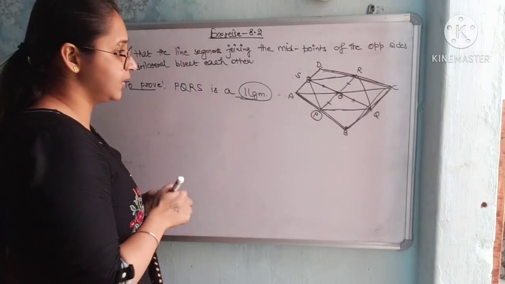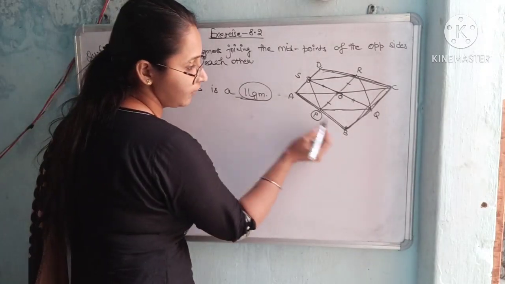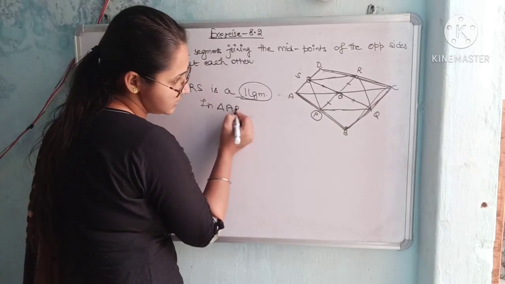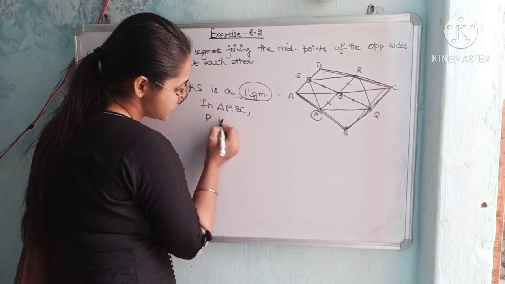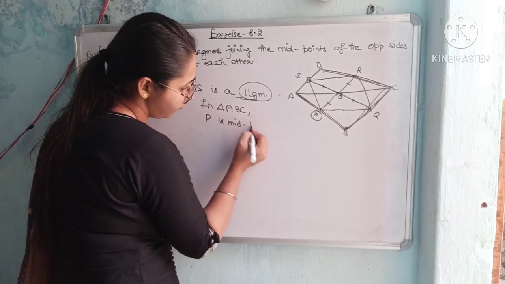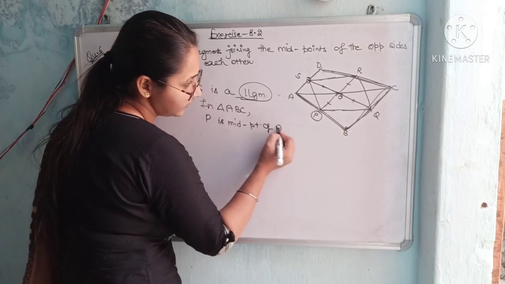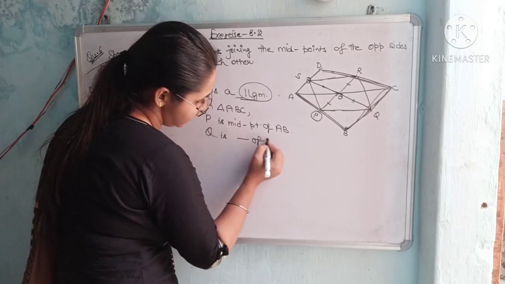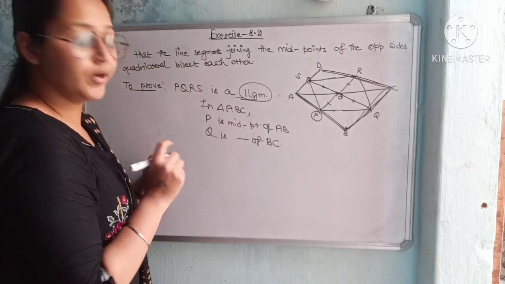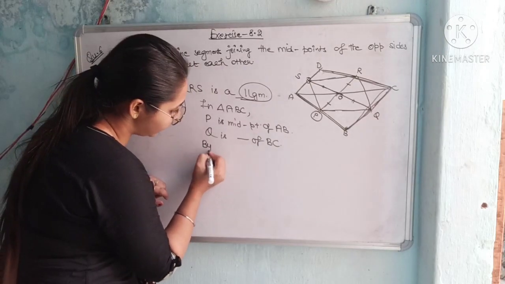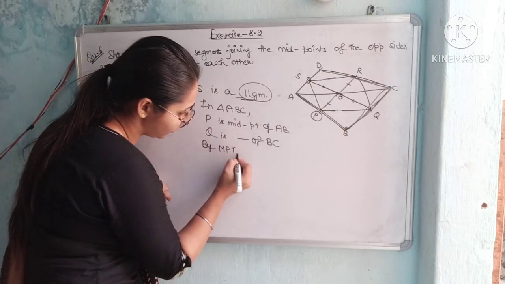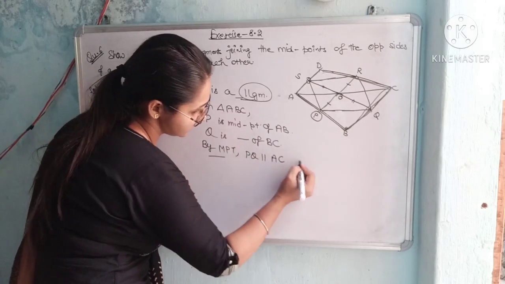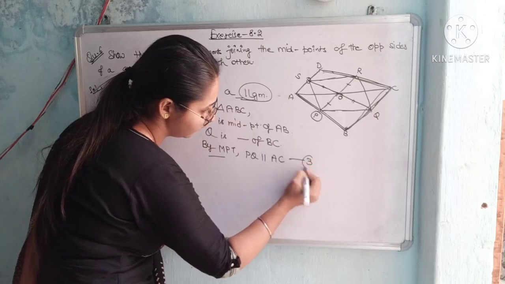So I am writing, first of all you will take triangle ABC. In triangle ABC, P is the midpoint of AB, and Q is the midpoint of BC. Then by the midpoint theorem, can we write PQ will be parallel to AC? Yes, this is equation 3.